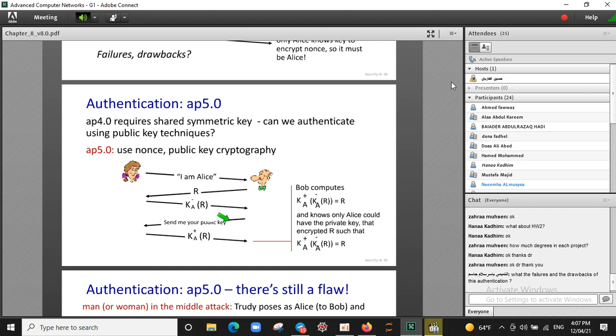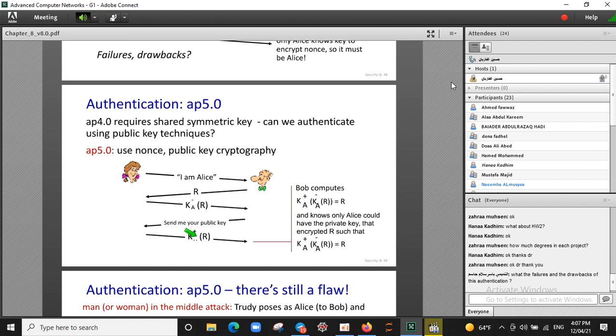So simply, Bob can ask Alice, okay, send me your public key. Alice can send her public key. We talked about it in the last session. We always publish the public key over the internet.